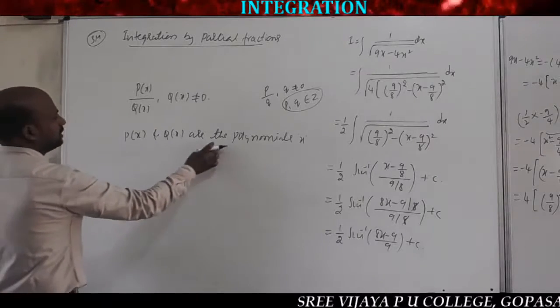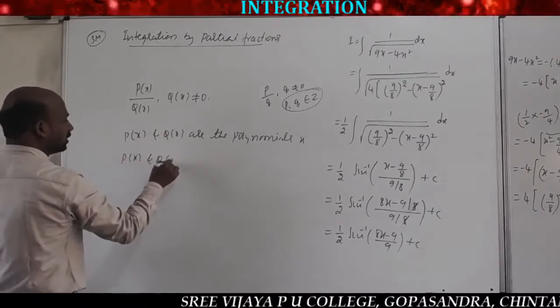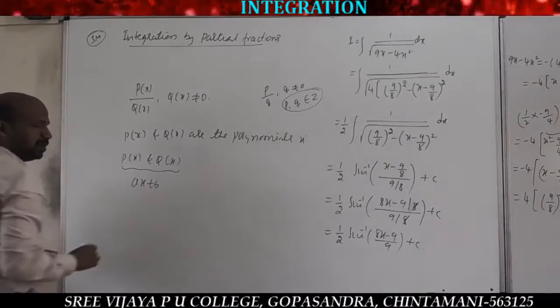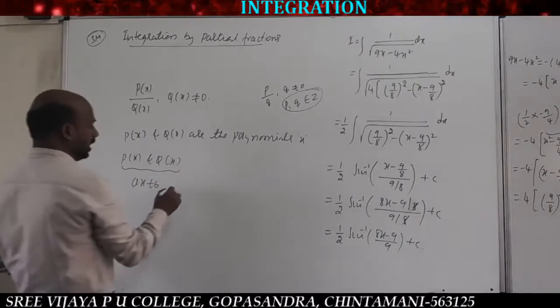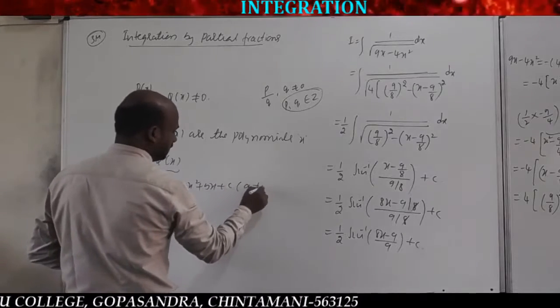Polynomials in x means maybe both p and q are linear polynomials in x, of the form ax plus b. Quadratic polynomial in x is ax square plus bx plus c, where a is not equal to 0.